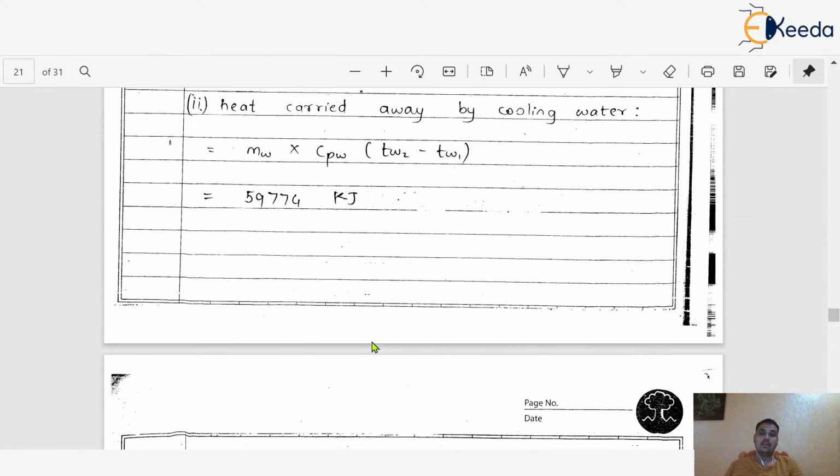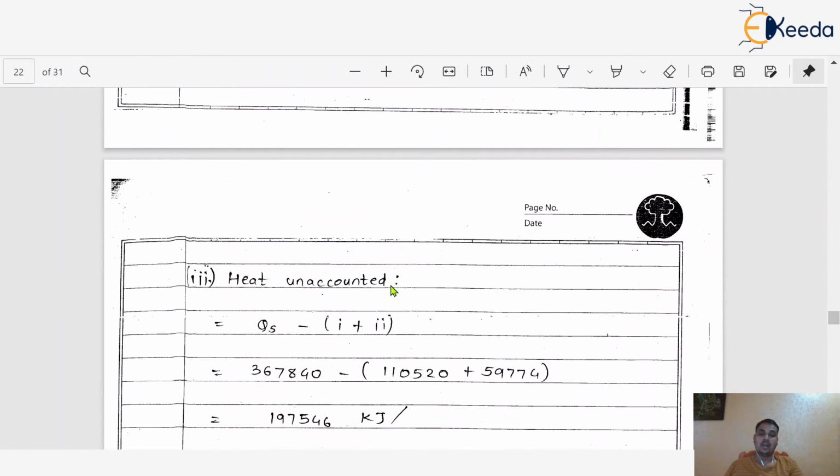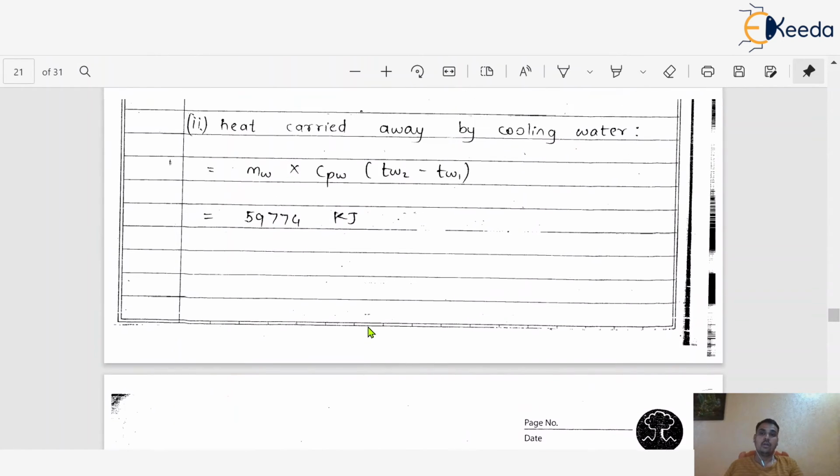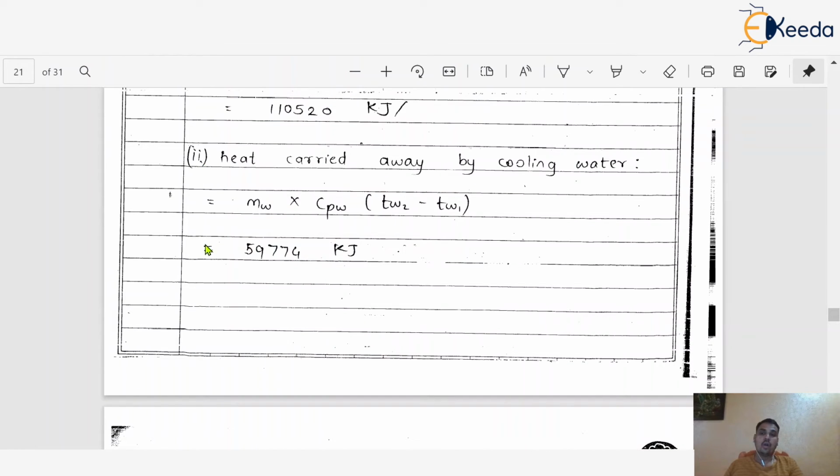After this, the next one is heat unaccounted. How can we calculate the heat unaccounted? Heat supplied minus the summation of 1 plus 2. If you observe over here, we are not going to calculate the third unknown, that is heat carried away by the exhaust gases. Why have we not calculated that?